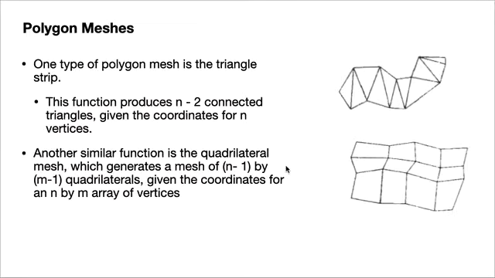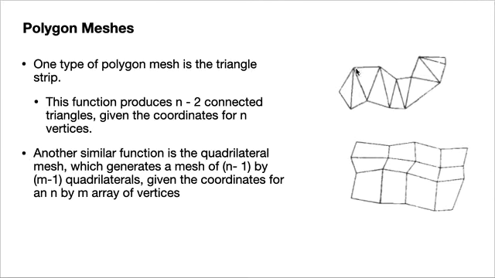Here we are going to see only some methods in which polygon meshes are used to display objects. One type of polygon mesh is the triangle strip. This is a figure for the triangle strip. Here the object to be displayed is divided into triangular strips, and this function will produce n minus 2 connected triangles given the coordinates for n vertices.